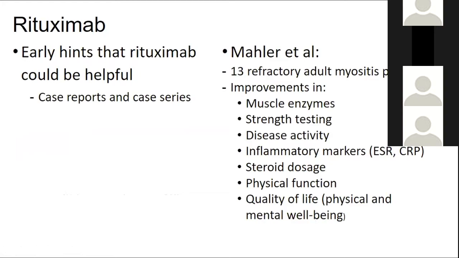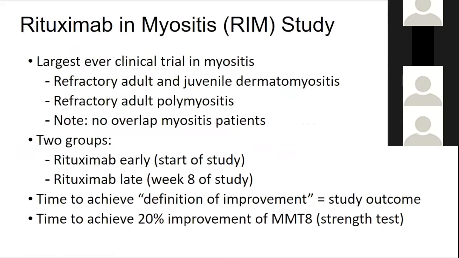And so a formal research study called the RIM study was done that was the largest clinical trial ever in myositis. And they looked at patients with refractory or non-responsive or poorly responsive to other medications, myositis, both adults and pediatrics. There were 2 groups of patients in the study.